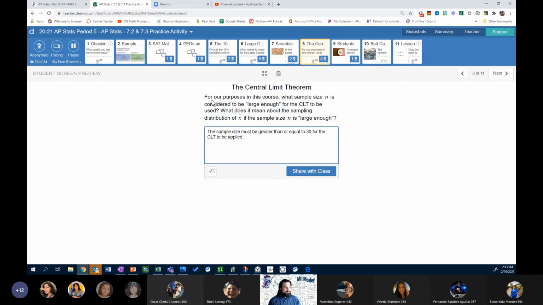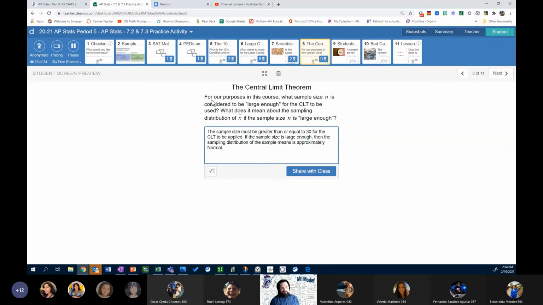And what does it mean about the sampling distribution of X bar if the sample size n is large enough? If the sample size is large enough, then the sampling distribution of the sample means is approximately Normal.